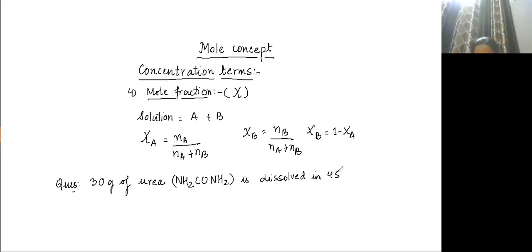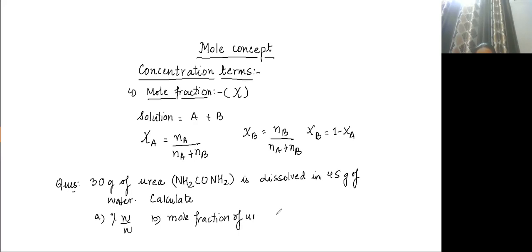45 gram of water. Calculate: A part, percent weight by weight; B part, mole fraction of urea; C part, mole fraction of water.